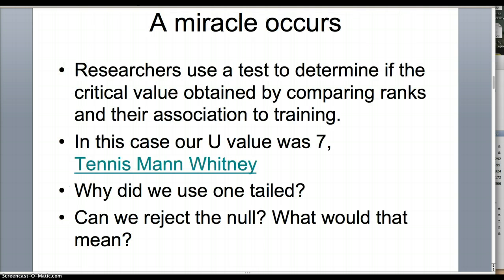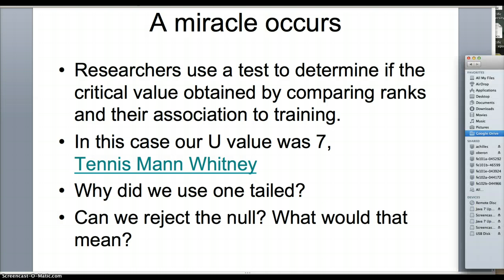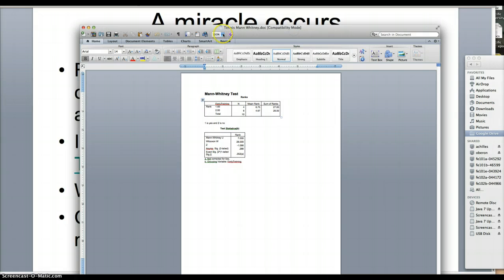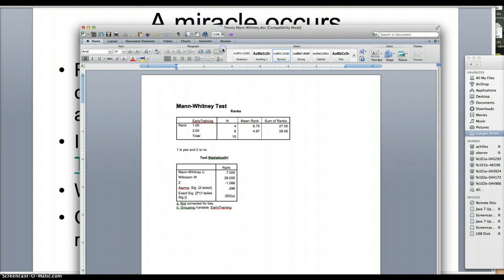So for the sake of argument, let's say a miracle occurs and we end up with a data set looking something like this. This is somewhat like what you will see, and I'm going to show you another example of what it looks like in text.